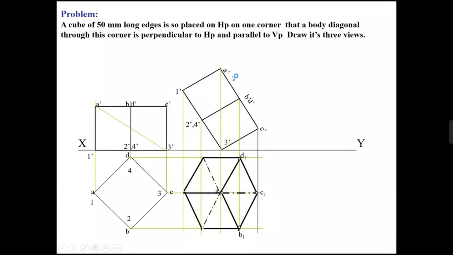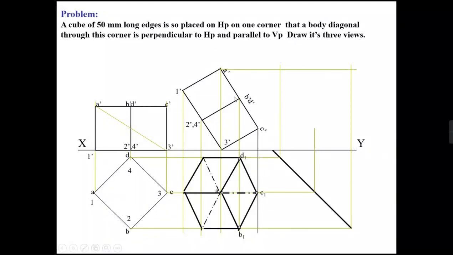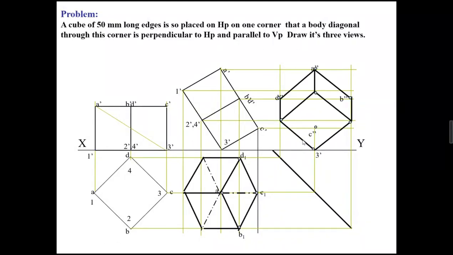And this face 1A, B2 and 1A, D4 will be visible. As you can see, this 1, 2, 3, 4 is visible and A, D, 4, 1 and A, B, 2, 1 is visible, right? And the other portion we will draw with the help of a dash line.